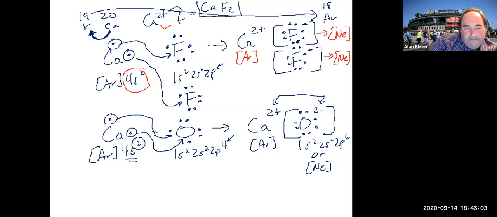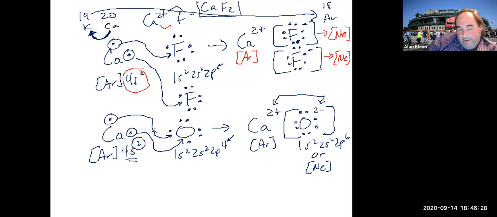Yeah, it's a little bit different with calcium hydroxide, but it's kind of the same idea. The hydroxide is covalently bonded, and it's not exactly the same situation here.